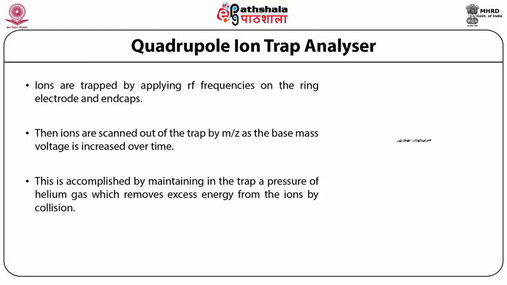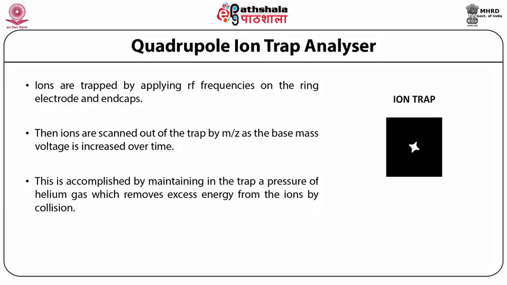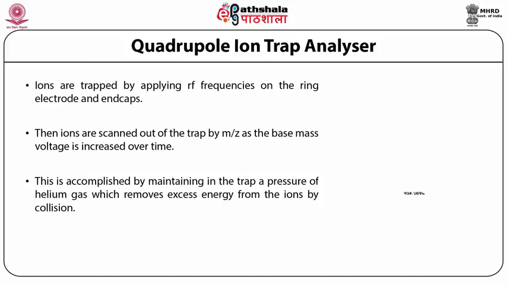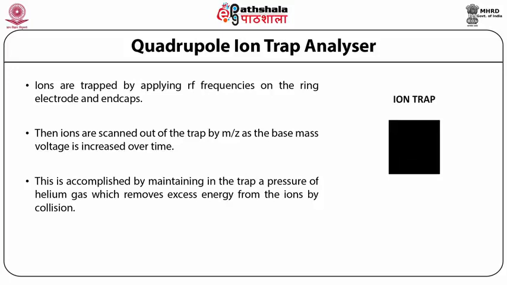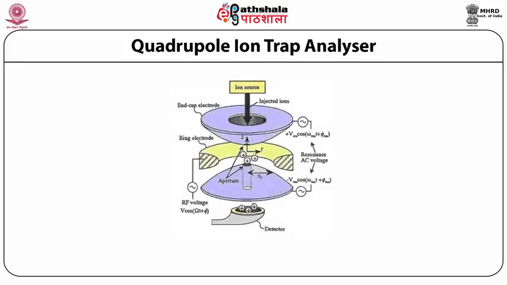Of course, it is not a long period, it is still milliseconds, but the ions will be trapped and you can go on playing with them, and that is the reason why you are capable of recording MS to the power n, which is not possible in quadrupole or sector analyzers. This slide shows the schematic arrangement of the quadrupole ion trap analyzer.